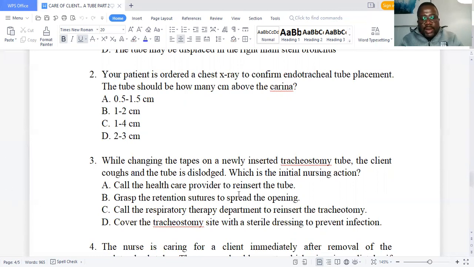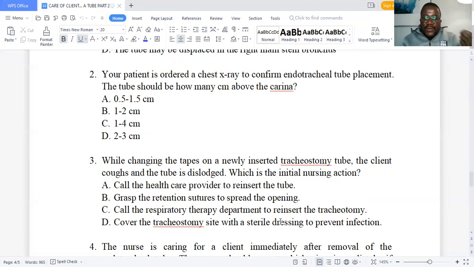Call the healthcare provider to reinsert the tube. Is that the first thing you have to do? The tube is dislodged here. Grab the retention suture to spread the opening. Is that the right thing? Let's go. Call the respiratory therapy department to reinsert the tracheostomy. Did we see that?